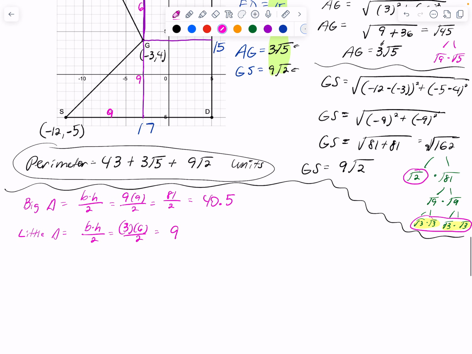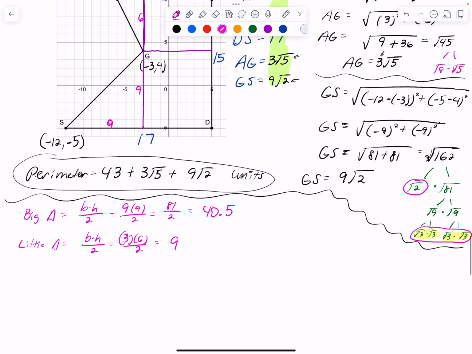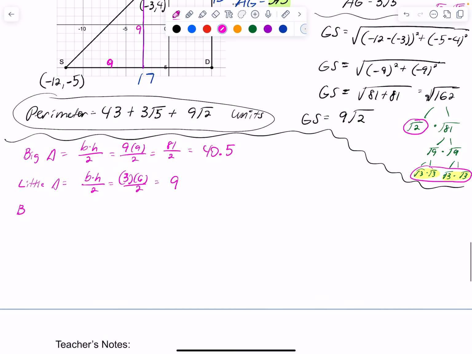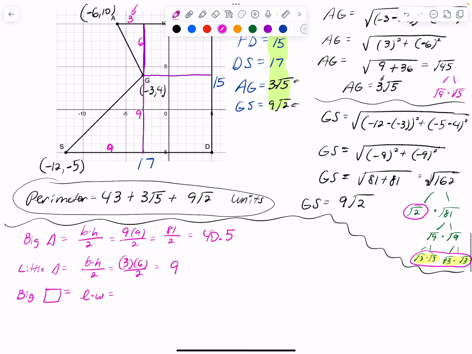Okay, so next up, let me confirm it's a rectangle. So 1, 2, 3, 4, 5, 6, 7, 8, 9, and that's 8. Okay, good. So I'll choose the big rectangle. That's just going to be length times width. My length I'm going to choose is 1, 2, 3, 4, 5, 6, 7, 8.